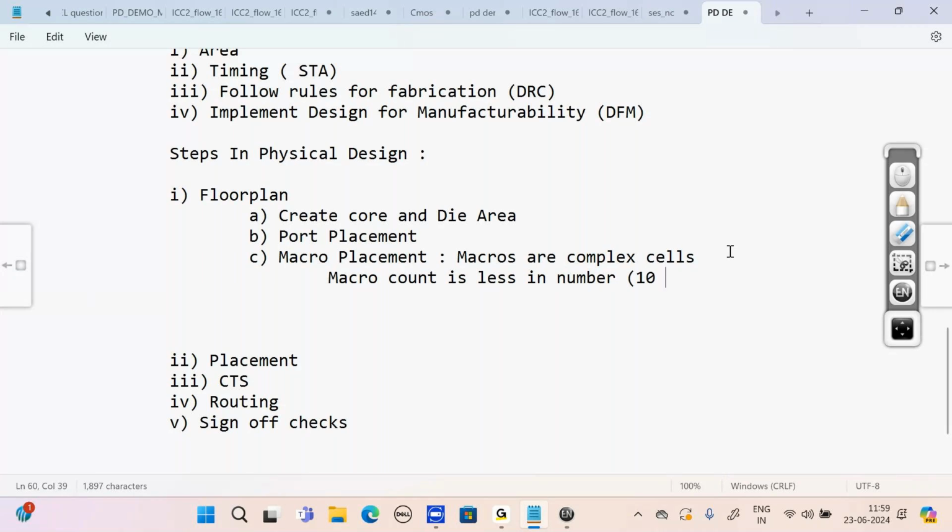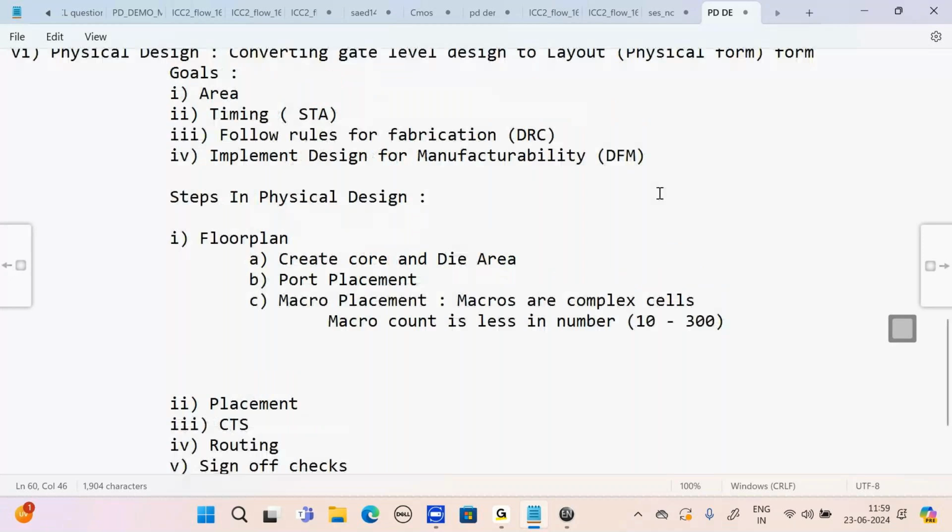The count will vary from 10 to 300. It depends on the design. Some designs will have 40 to 70 macros, but a few designs may have just 10 or 7 macros, and a few designs may have 250 or 300 macros. So the count will vary only from 10 to 300.